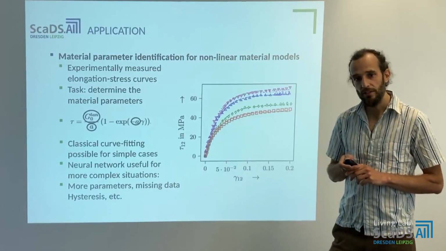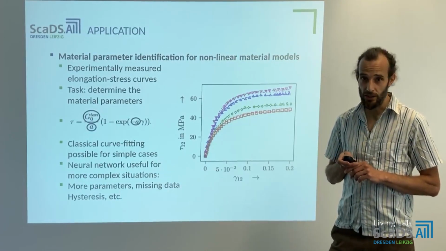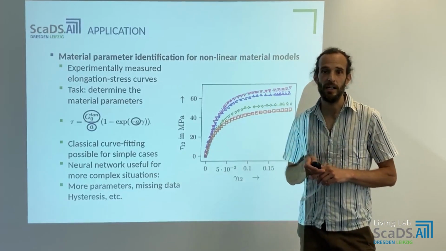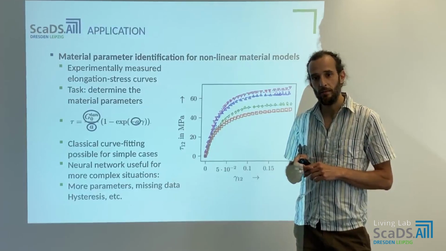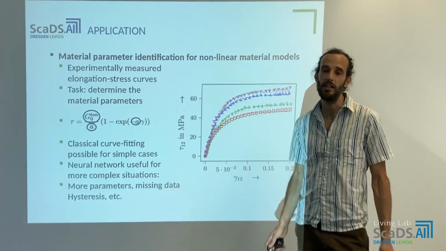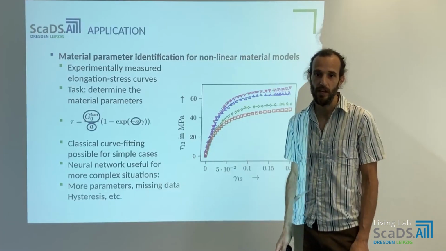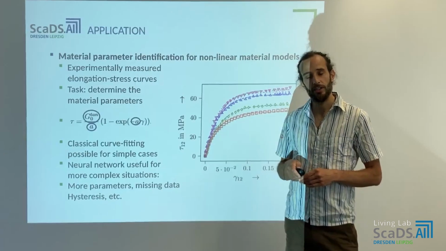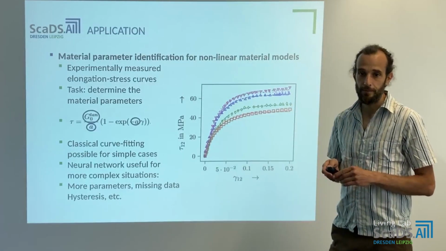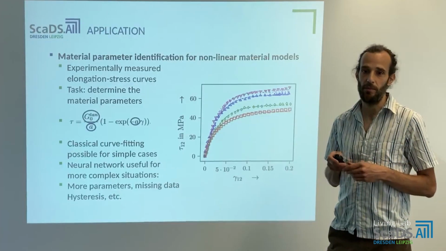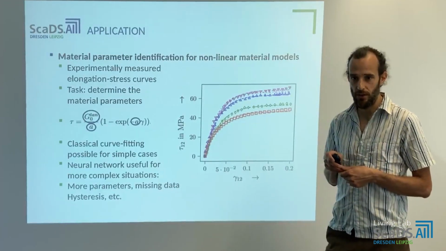So let me briefly talk about an application that we have optimized by OmniOpt. It comes from our colleague Johannes Gerritsen from the engineering department of TU Dresden. To make it short, our engineering colleagues want to identify material parameters for nonlinear material models.